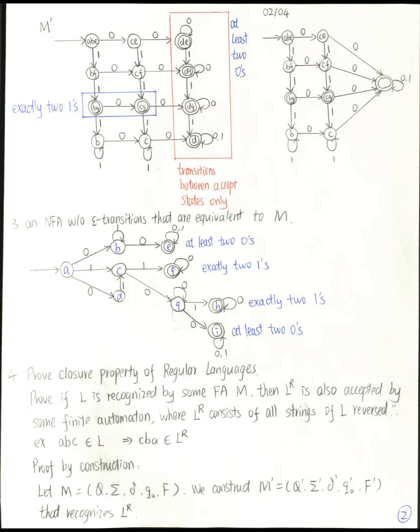So from states BG and CG, if they consume more ones, they will reach B and C. B and C are not accept states because they have consumed more ones than needed. But they can still transition to accept states if they consume at least 2 zeros.